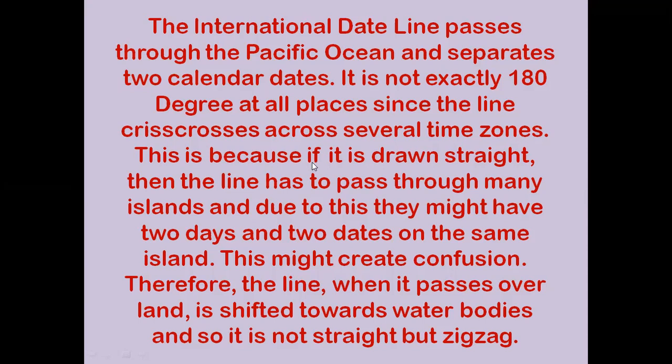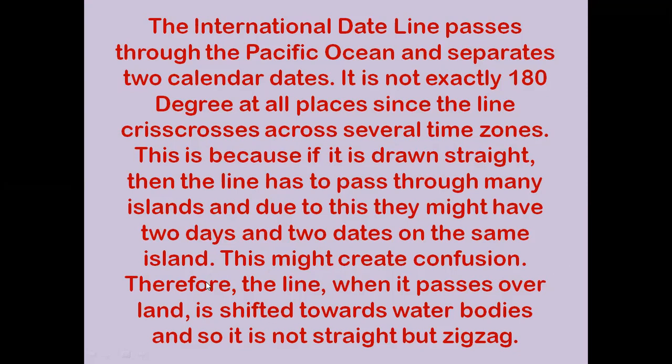This is because if it is drawn straight, then the line has to pass through many islands, and due to this, they might have 2 days and two dates on the same island. This might create confusion.